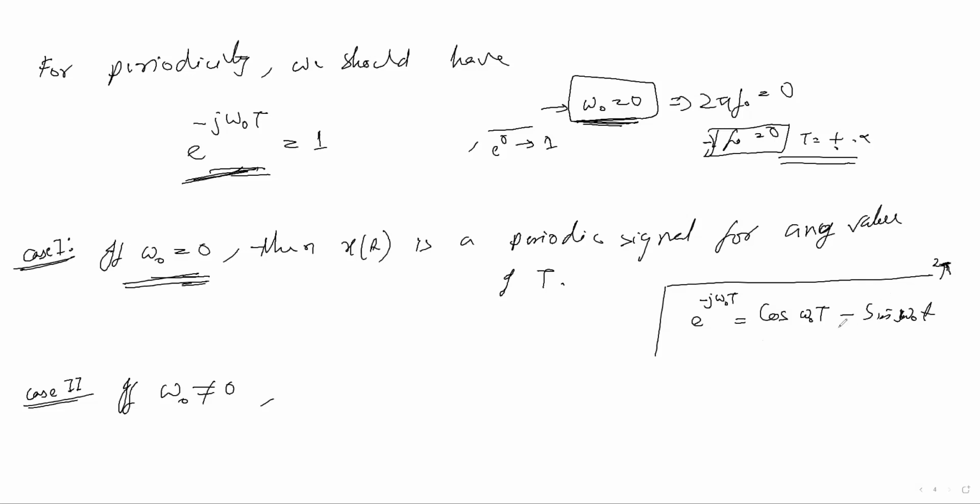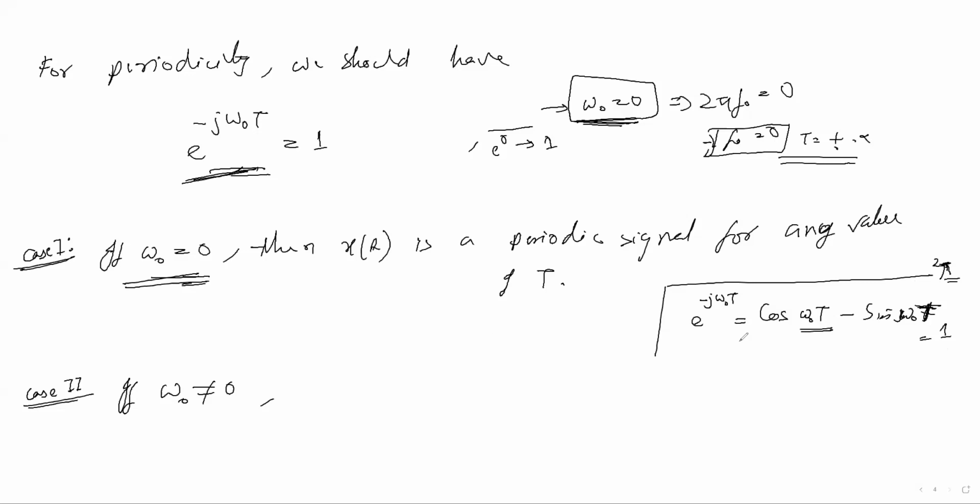When you take 2 pi, this term will become 1. This omega T should be equal to 2 pi, then this term is going to be 1.